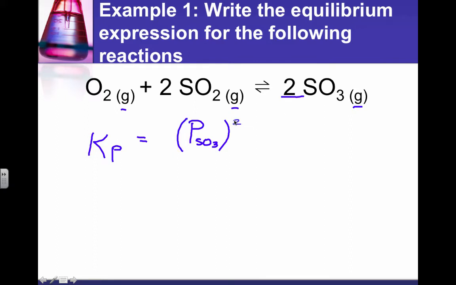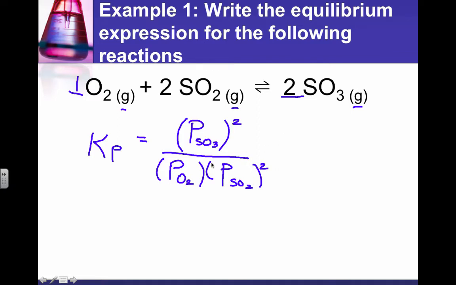So that would be to the second power, divided by the product of the pressures of my reactants raised to the powers of their coefficients. So oxygen has a coefficient of 1, so I don't have to write that one in. But the sulfur dioxide is going to be raised to the second power. So let me put the pressure of sulfur dioxide raised to the second power.